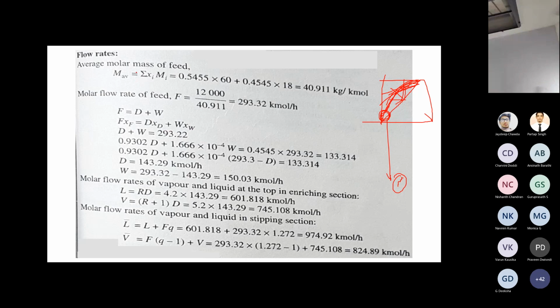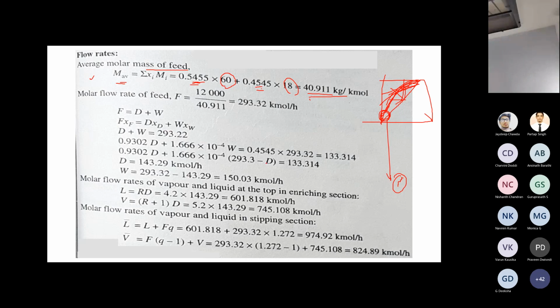Here for the average molar mass of the feed you have to calculate M average, that is sigma xi into Mi. This is the mole fraction of acetic acid and water, and this is the molar mass of acetic acid and water. So the average molecular mass of the feed is 40.911 kg per kilomole, which you can calculate.